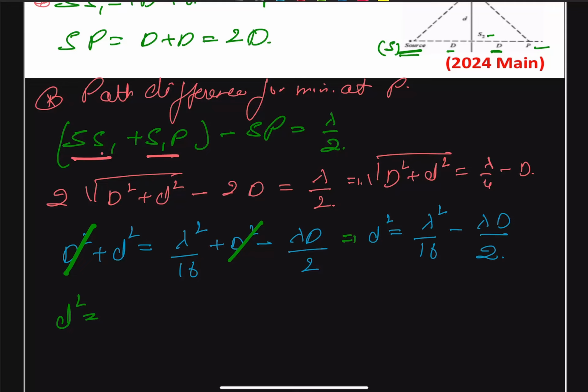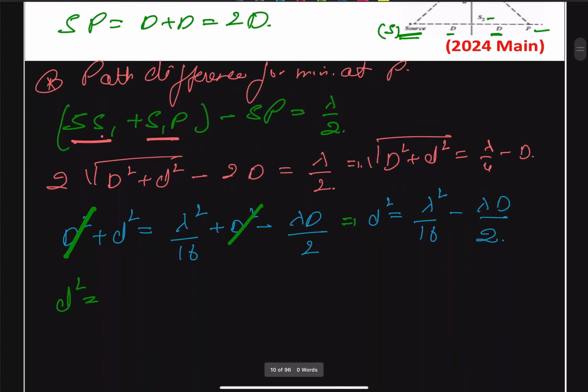This looks good. So lambda square, our wavelength is given to us, 400 nanometer.